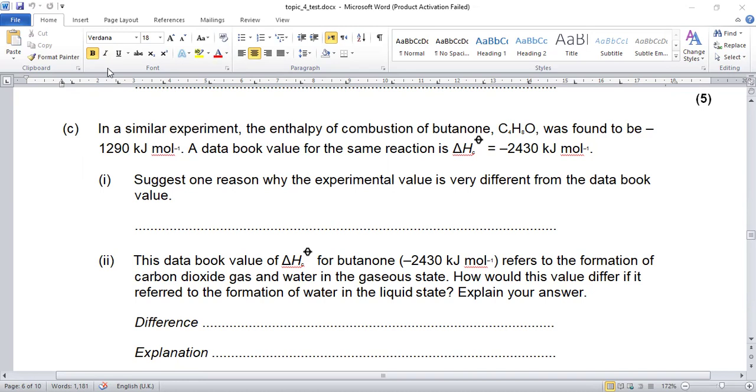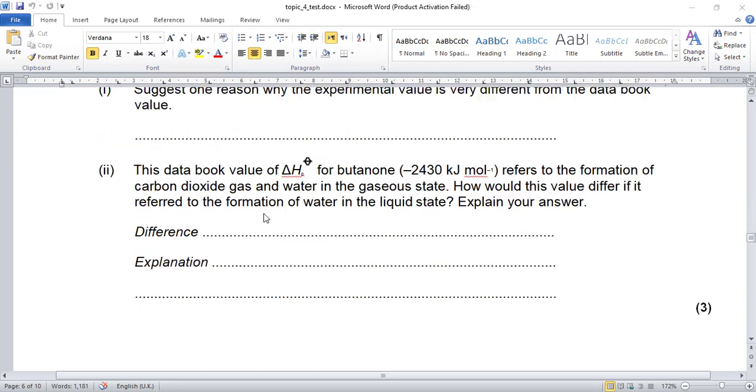Because heat may escape, evaporation, or incomplete combustion. Mainly, some heat will escape and not all the heat is absorbed by the water, or some heat is absorbed by the flask or the beaker container.